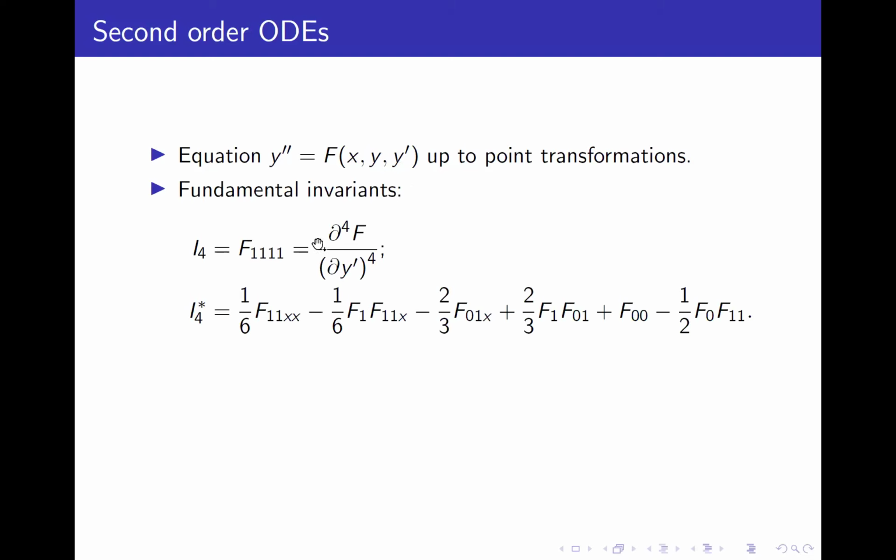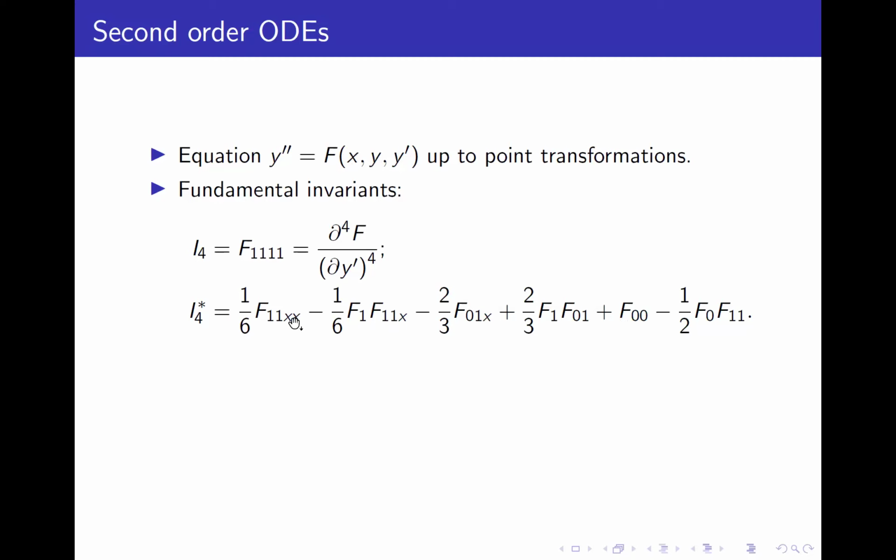Well, the notation is as follows. A numeric index means the derivative of the function with respect to the jet coordinates that correspond to the derivative of y. So f1 is just the partial derivative of f with respect to y prime. A 0 means we take a derivative of f with respect to y. And here in this case, we have y prime.